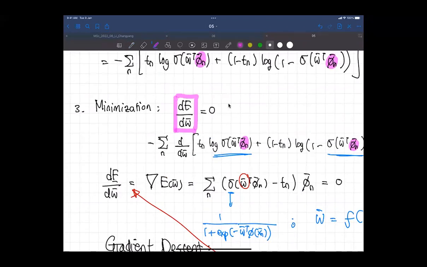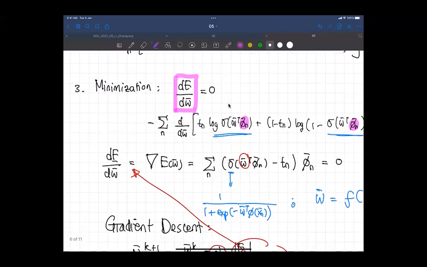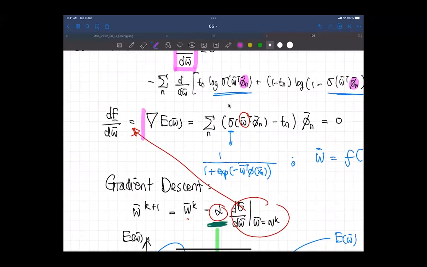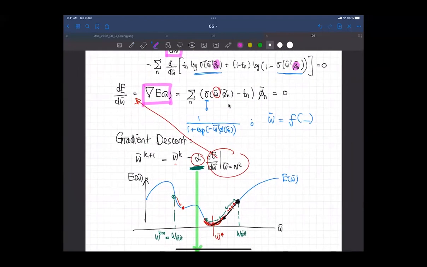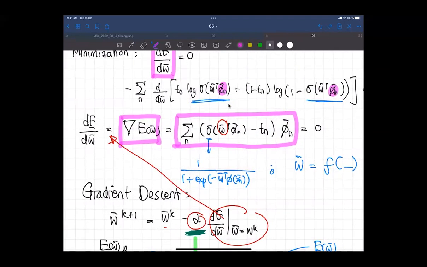When you try to do the optimization, the first derivative equal to 0, basically that's the first derivative of E. And we know that this one is the gradient. And this gradient is, again, this function here. This one set equal to 0 is the first derivative.